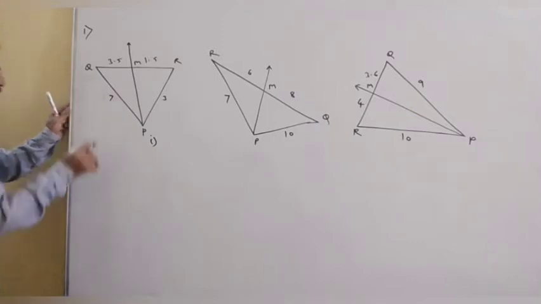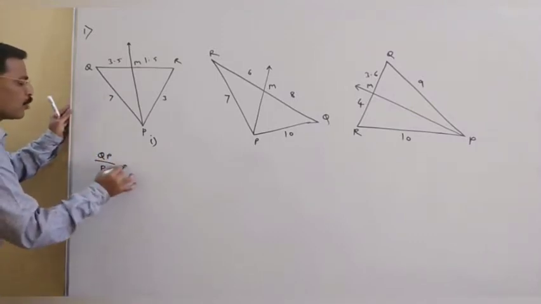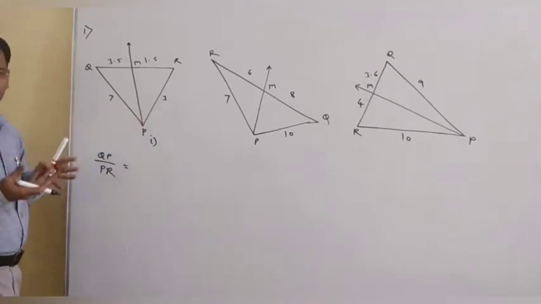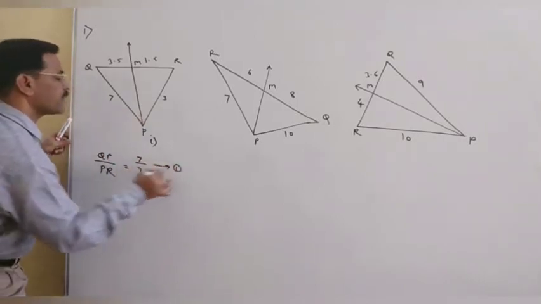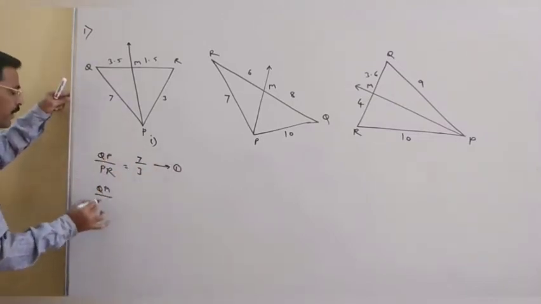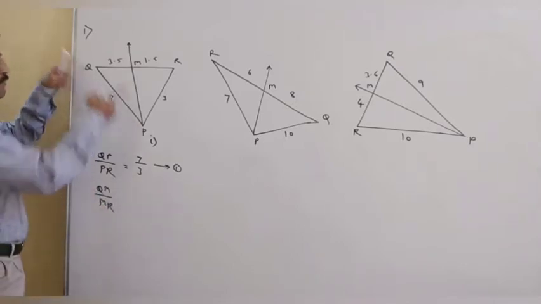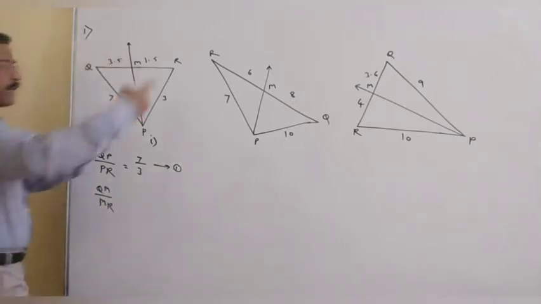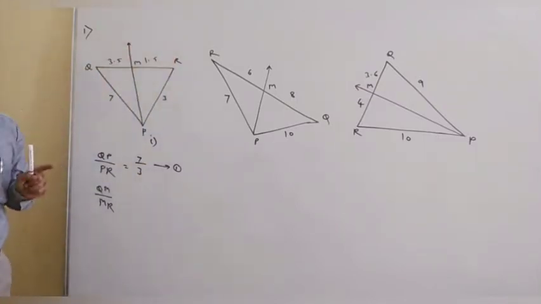First of all, we'll write here QP upon PR. That remaining sides ratio we are going to take. How much is this one? 7 upon 3. This is the first part. Then this side, QM upon MR. Remember friends, if we take QP first, then we have to take QM first. If we take PR first, then we have to take MR first. That is very important. That is called corresponding.